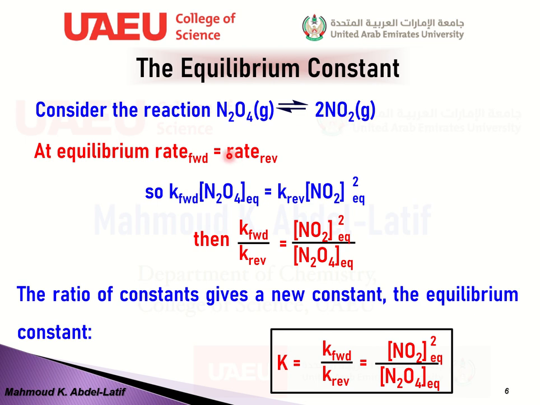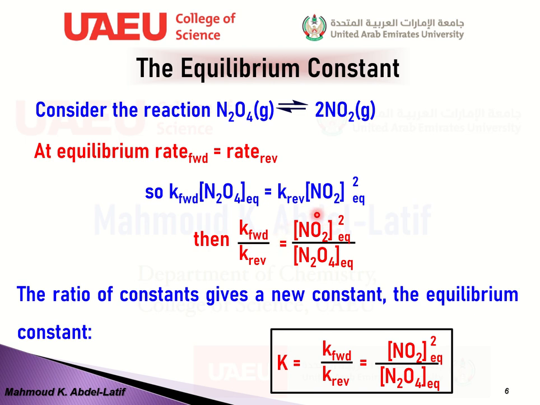So the rate of the forward reaction equals the rate constant times the concentration of the reactant, and the rate of the reverse reaction equals the rate constant for the backward reaction times the concentration of the product to the power of its number of moles.